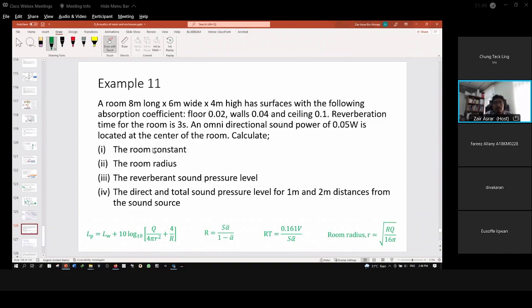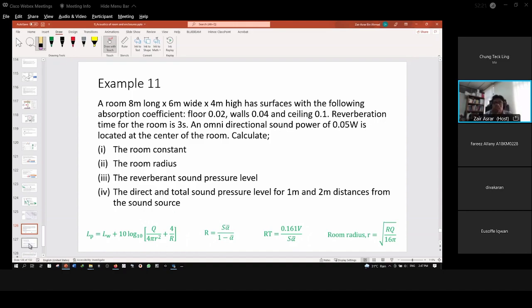Then we want to calculate the room radius, the sound pressure level, and the direct and total sound pressure level for 1 meter distance from the sound source. In this case, we have to calculate the surface area of the room and the volume of the room, and then we can calculate our room constant and also our average absorption coefficient.